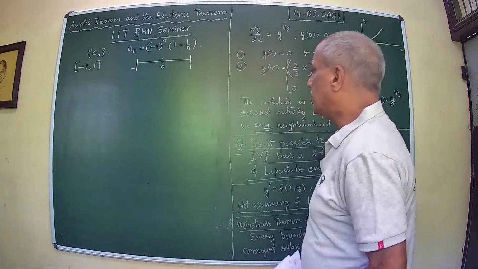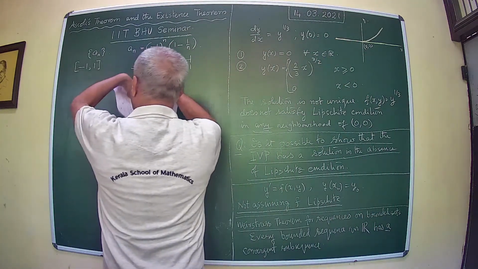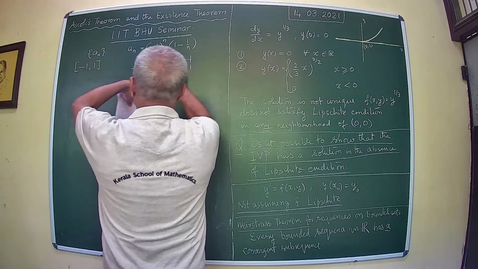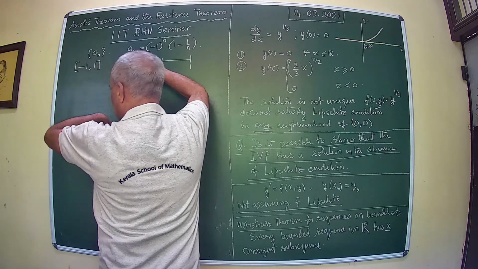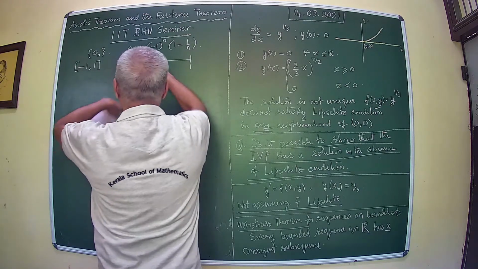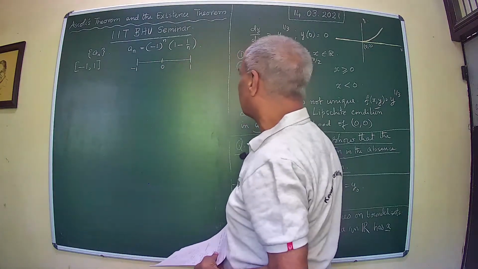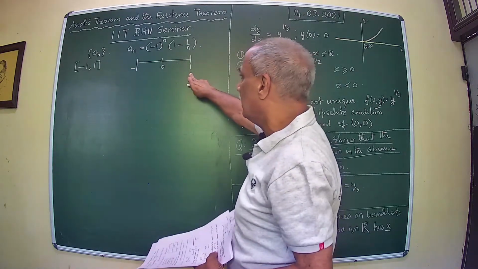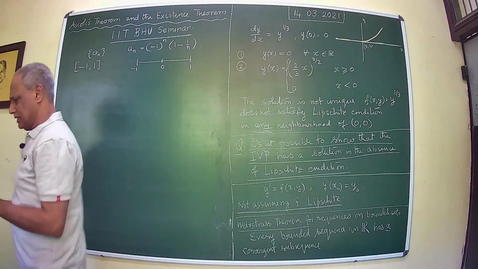So what you have is that this has two subsequences, one that converges to 1 and the other one that converges to minus 1. It's a bounded sequence with just two subsequences, one converges to 1 and the other converges to minus 1. Just keep that in mind.